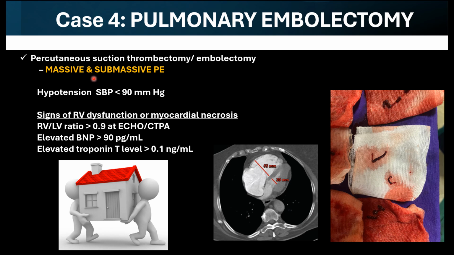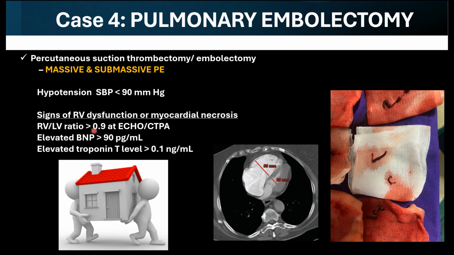And we need to know what is massive and submassive pulmonary embolism. This is basically a pulmonary embolism in which there is hemodynamic instability. If, for example, there is a hemodynamic compromise with high systemic hypotension, it's going to be massive. Submassive is where there is no hypotension, but there is right heart strain. What are the features of right heart dysfunction or myocardial necrosis?